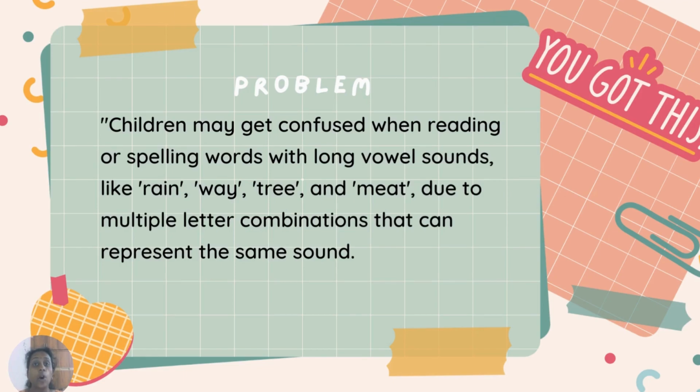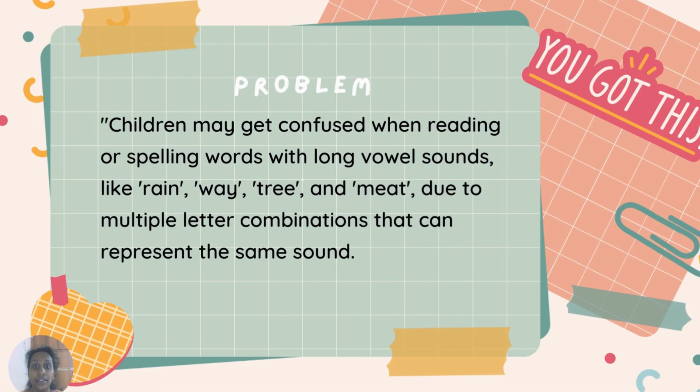Long A can be made by AI, AY, EY, A dash E, EIGH. Like that, there are multiple combinations to make one long vowel sound. So when they are reading and writing spelling, they don't know what combination to use. That is the problem they are facing.